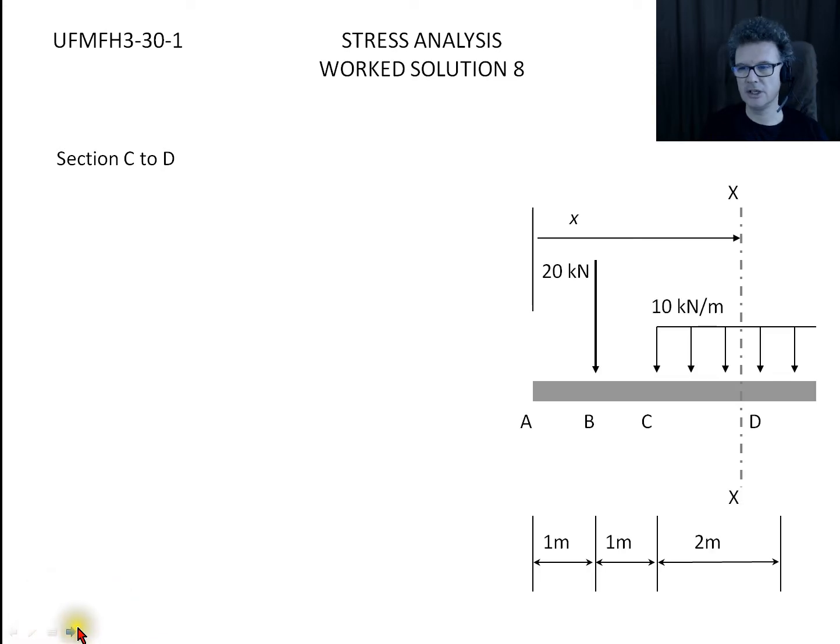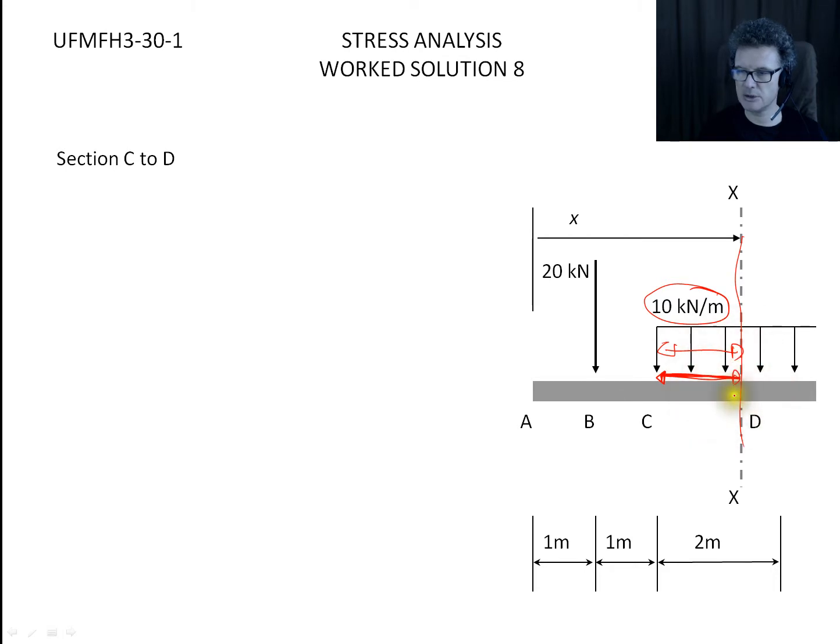What about C to D? Well, C to D, we're now starting to go into the UDL. So I need to look left and calculate how much force I've got going left of me. I know what the UDL per meter is, and I know the distance that I've gone past it. So let's first find out what that distance is going to be.